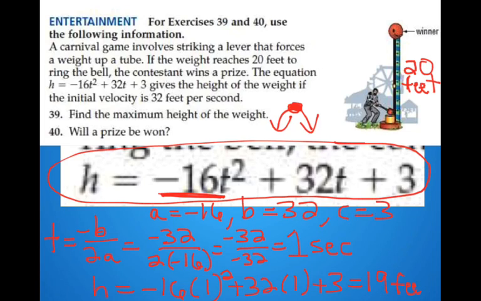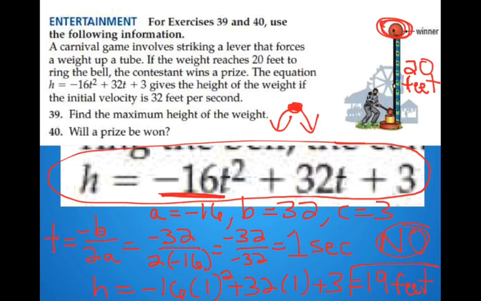That's 19 feet. So we find the maximum height of the weight is 19 feet. And then will a prize be won? No. So no prize won, because again, it doesn't reach the height of 20 feet that it needs to ring the bell. Does that make sense?